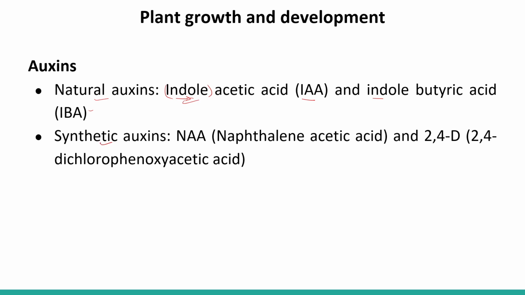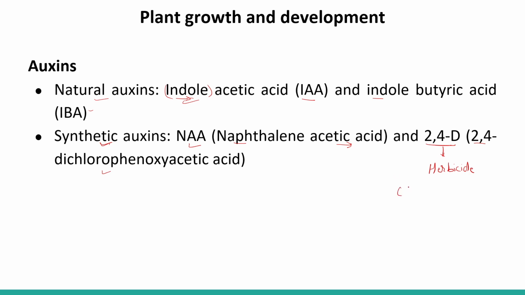Talking about synthetic auxins, examples are NAA, naphthalene acetic acid, and 2,4-D. What is 2,4-D? 2,4-dichlorophenoxyacetic acid. This is also a synthetic auxin, which is used as a herbicide.